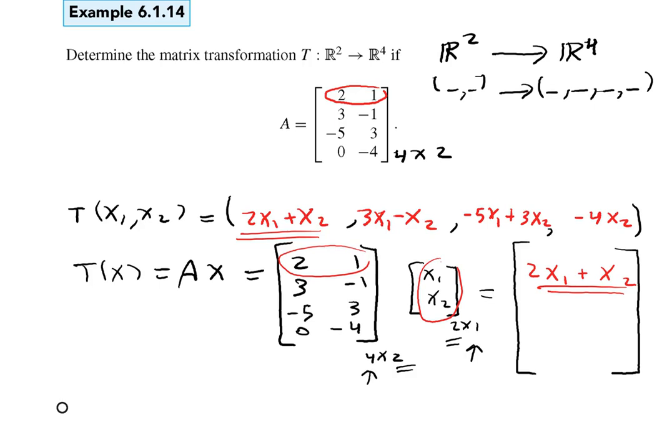So that's your first part of R to the 4 elements, which is right there. What's the second part?